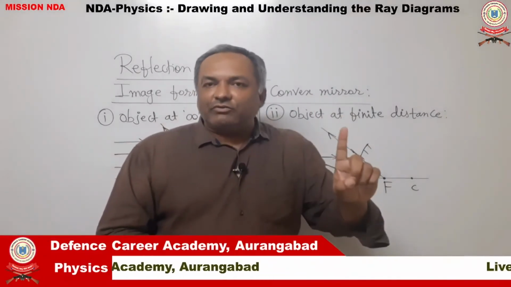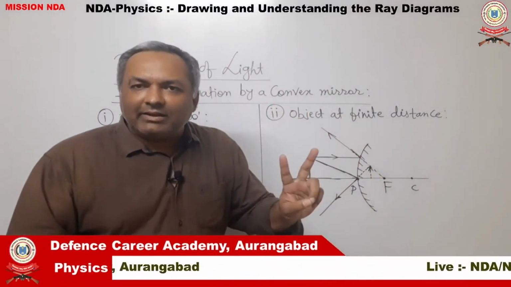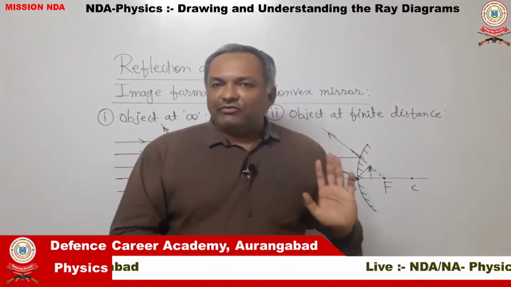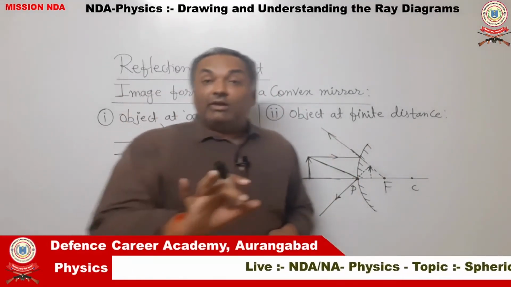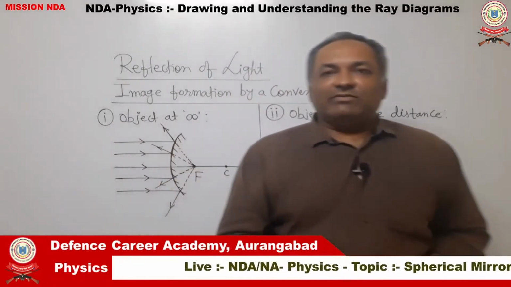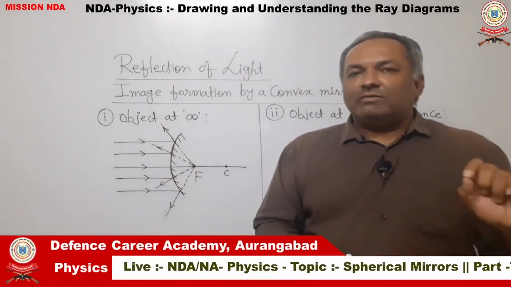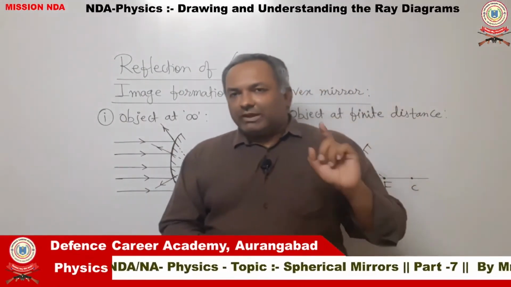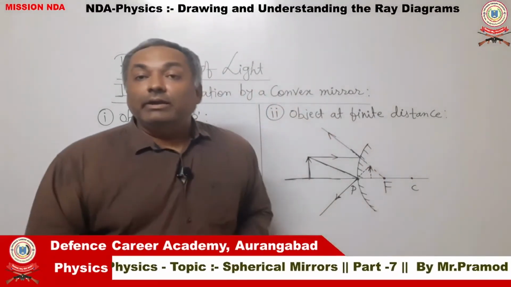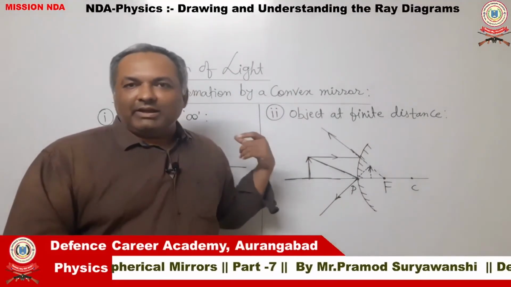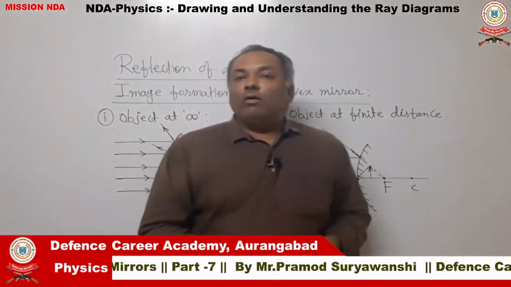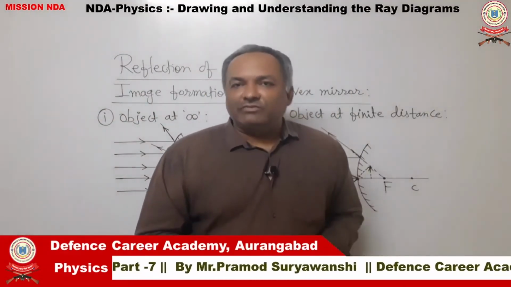Again it is virtual, erect and diminished, smaller than the object. So in a way you can say that usually, a convex mirror produces erect, virtual and diminished images no matter where the object is kept, either at infinity or at a finite distance.